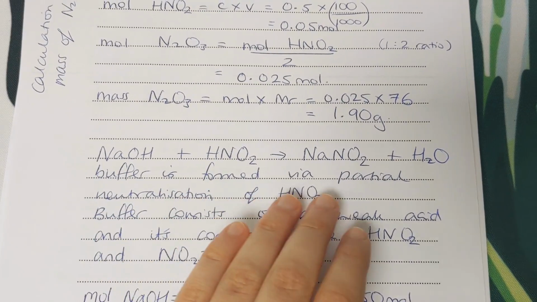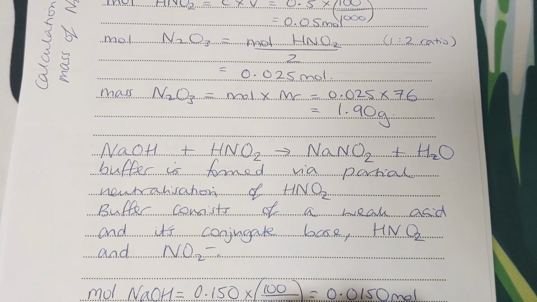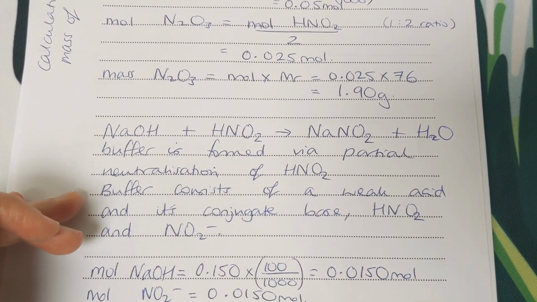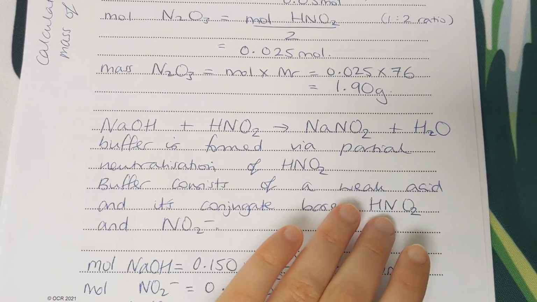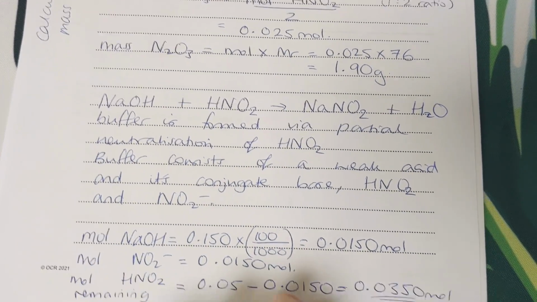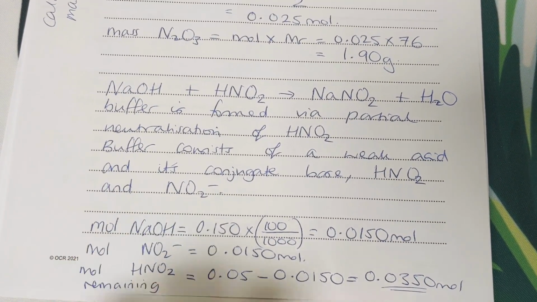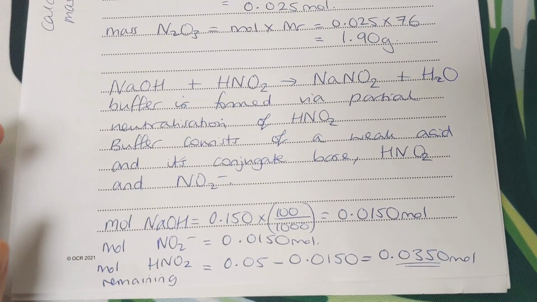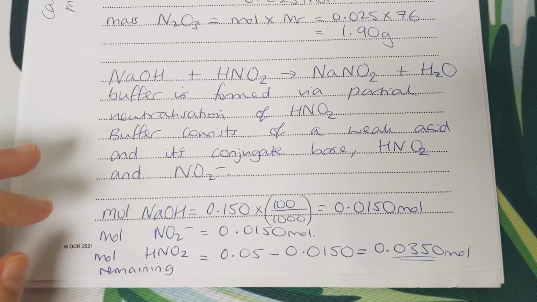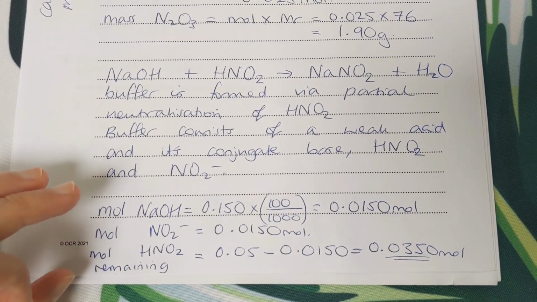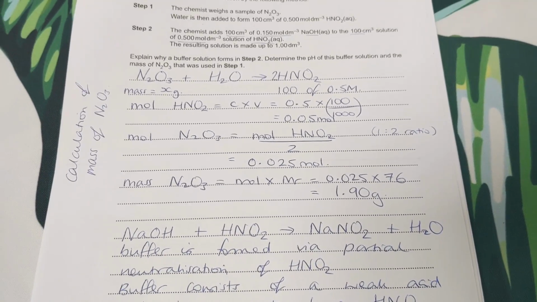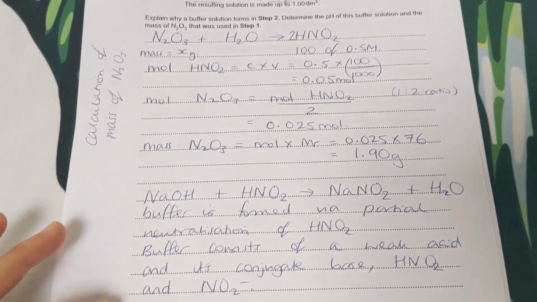So a buffer is formed from partial neutralization of the HNO2, and buffers consist of a weak acid and its conjugate base. We can give an example of what those are, or we could have said NaNO2 there. And in a buffer solution, the weak acid must be in excess. So we can also prove that in order to get top marks. And I'll screenshot the mark scheme and put it in this video in a second.